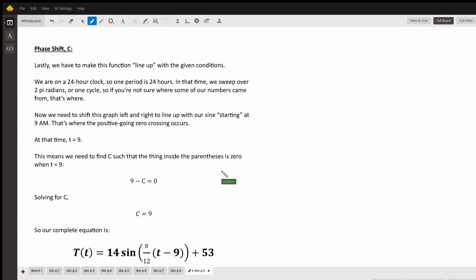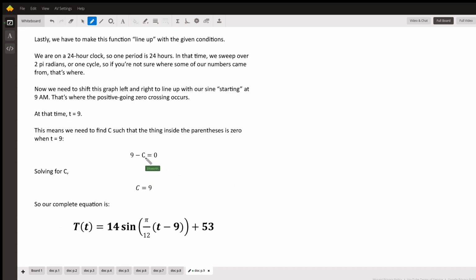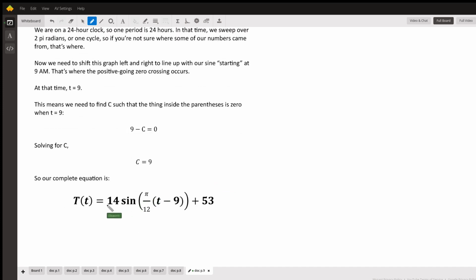So to make everything inside the parentheses 0, you have to make t minus 9 equals 0, C being 9. So put it all together. Your final equation is T of t is 14 times sine of pi over 12 times (t minus 9) plus 53. So I say you may need to watch this again, but all the pieces are there. Happy figuring.